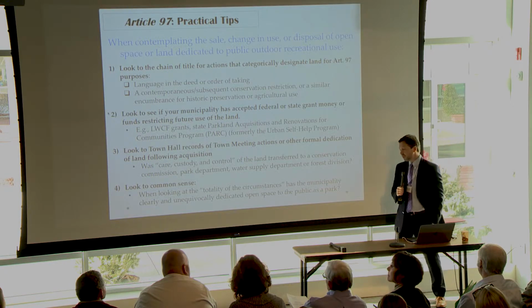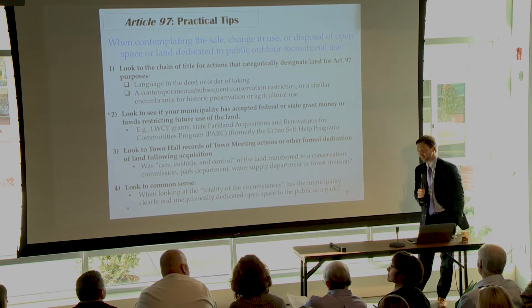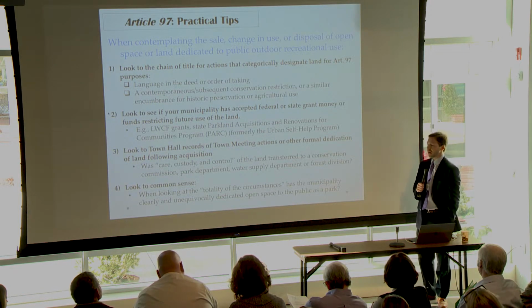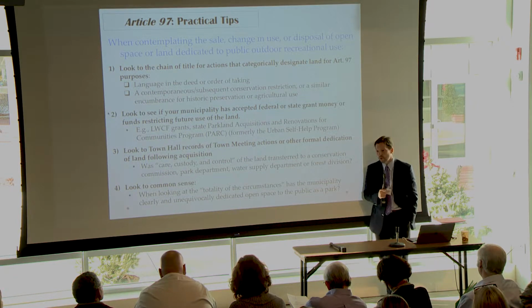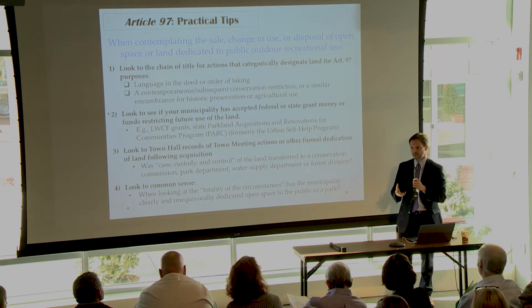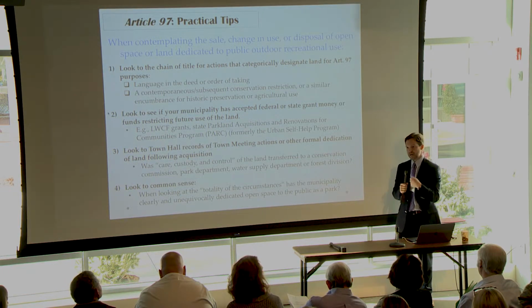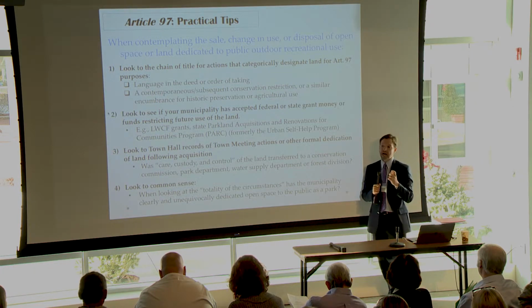So what it really boils down to is it's very similar to Article 97 type protections in a lot of instances, but essentially it is property that is held or controlled by state or local government, has natural resource values connected to it. So waterways are very often an obvious example of where public trust doctrine would kick in. And essentially, it's the same type of requirements.